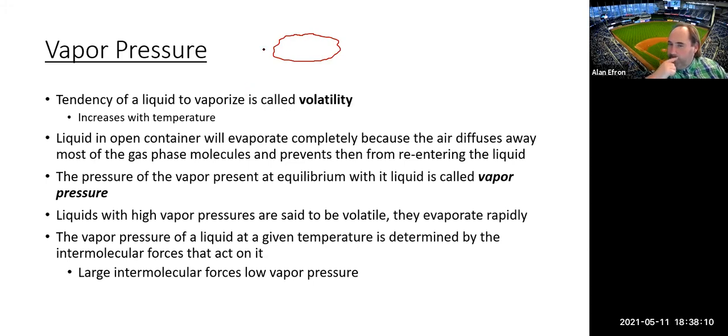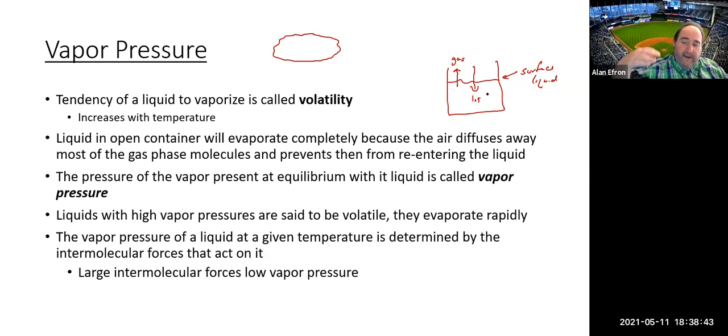And just so everybody's clear, at the surface of the liquid we actually have two things happening at once that you can't always see. We have liquid molecules jumping out and going into the gas phase. We also have slower moving gas molecules that are tired and drop back into the liquid phase.